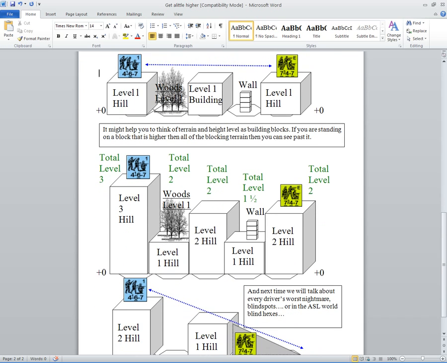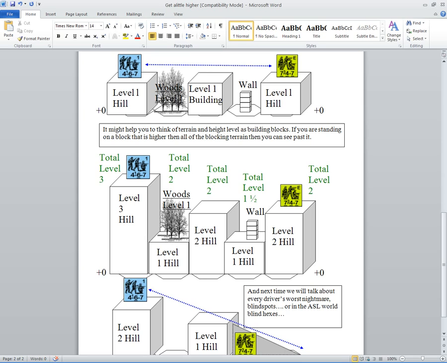It might help you to think of terrain in height level as building blocks. If you're standing on a block that's higher than all the other blocks, you can see past it. So here we are. We have a German squad here, 467, on a level 3 hill. We have a level 1 hill with level 1 woods. Their total height is 2. Here we have a level 2 hill.